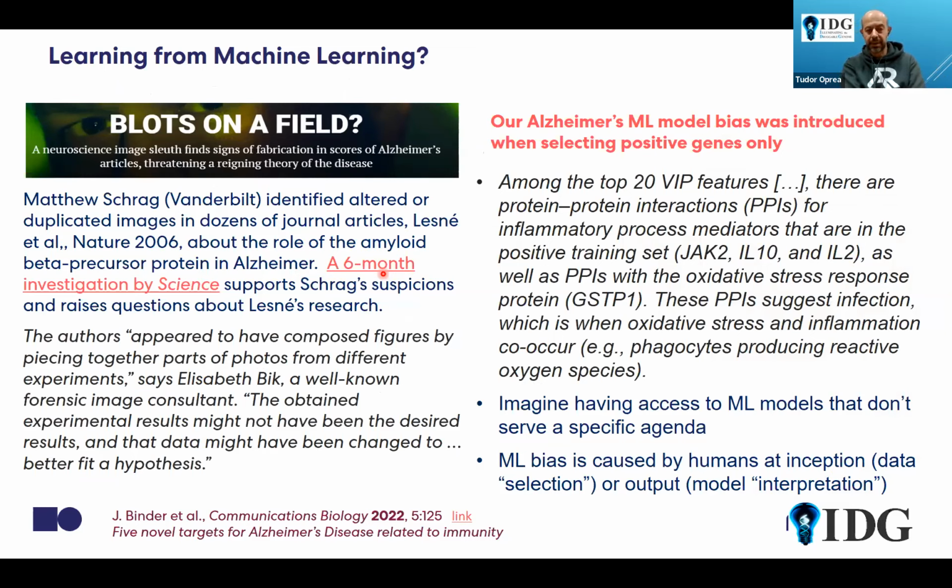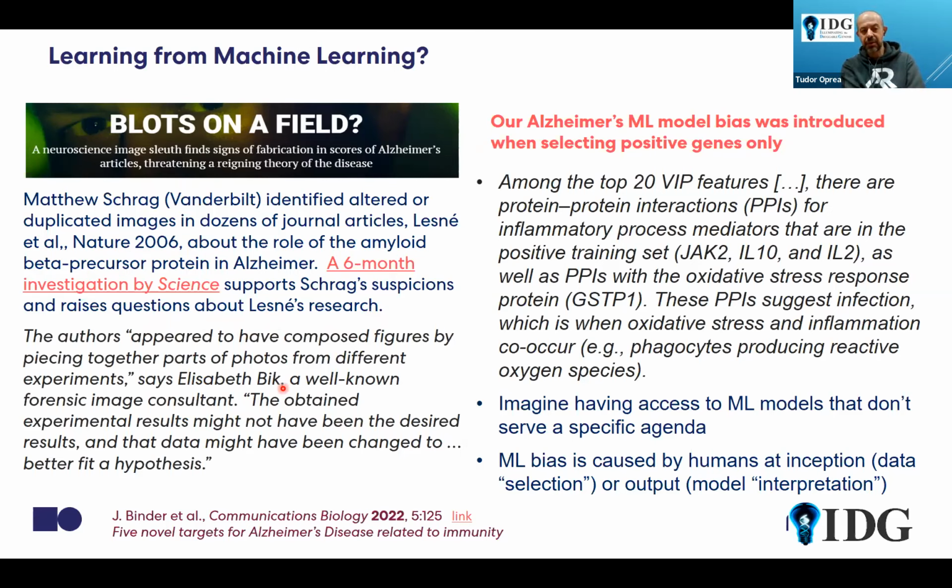It turns out that a lot of those antibodies were predicated on the promise of APP based on a paper by Lesné et al. in Nature 2006. And an interesting investigation published in Science very recently suggests that some of the data that was associated with those papers was essentially doctored.